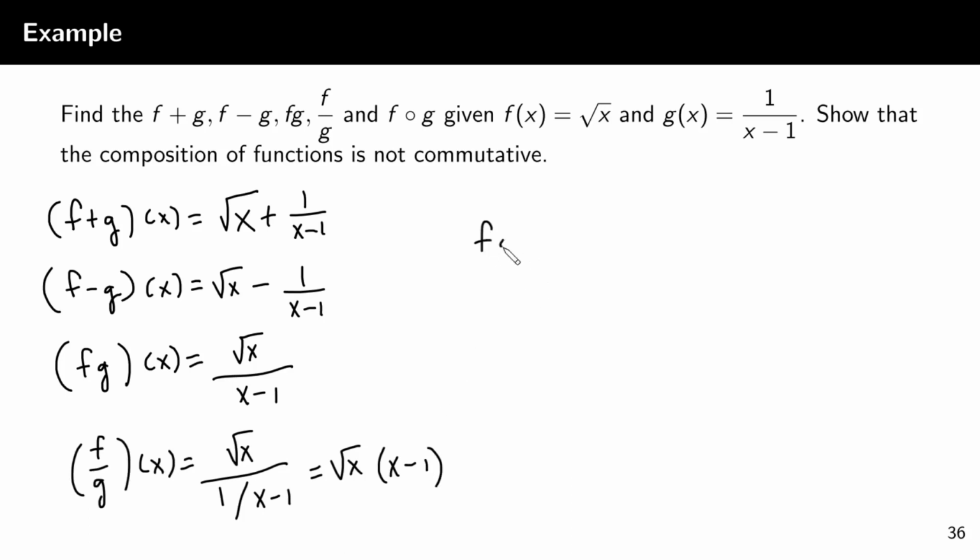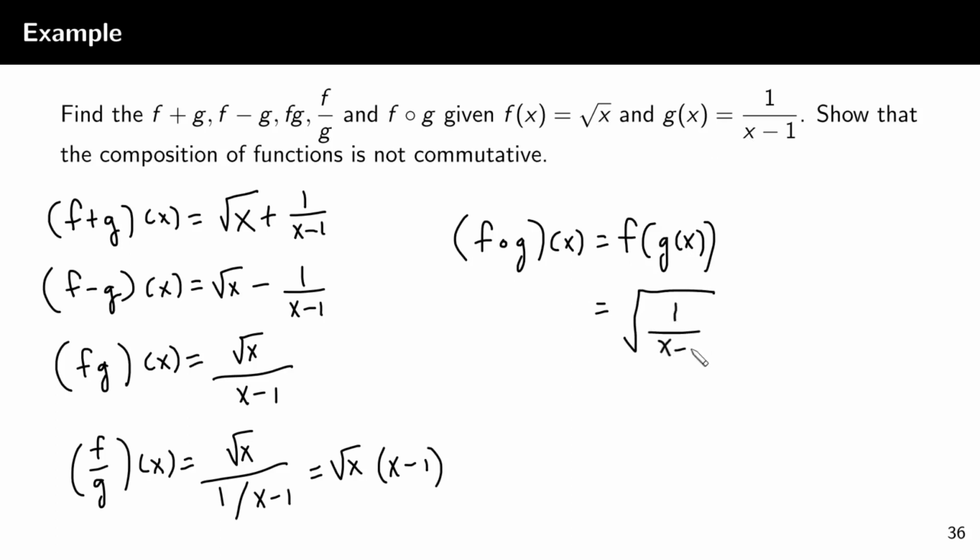Now, punta tayo sa composition, f of g. So, that's f evaluated at g. So, ito yung f natin, square root of x. This is our outermost function. Ilalagay ko sa loob, papalitan ko yung x ng 1 over x minus 1. Okay.